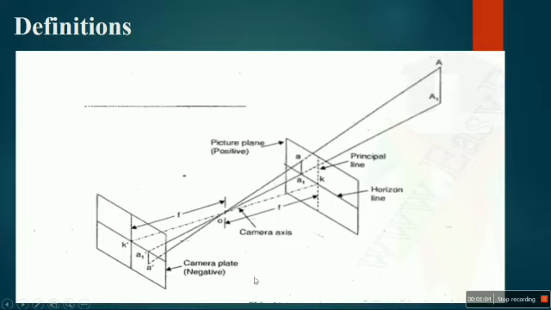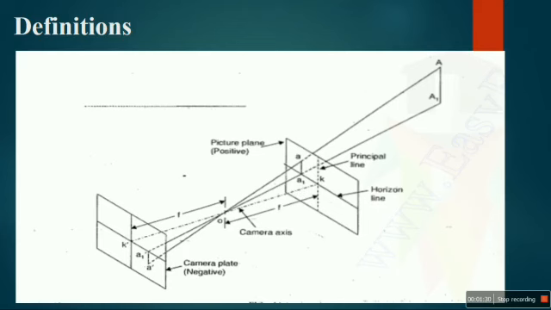The overall diagram is of the camera used for aerial photography. Here the line passes exactly perpendicular to the camera plate and picture plate. This dotted line is called the camera axis.